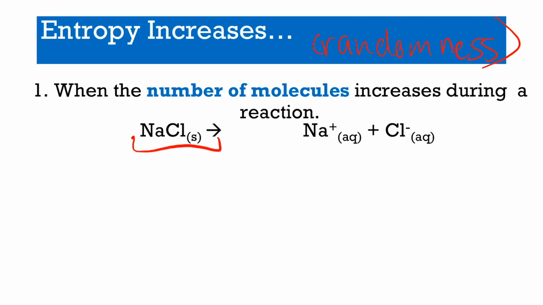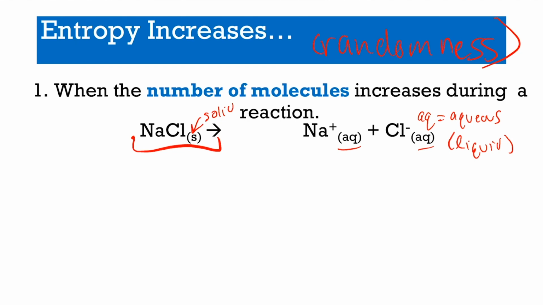Another thing to point out is that your reactant is a solid and your products are aq. Remember, aq stands for aqueous, which is something dissolved in a liquid. So going from a solid to a liquid is also a key to tell you that entropy, or randomness, is increasing.